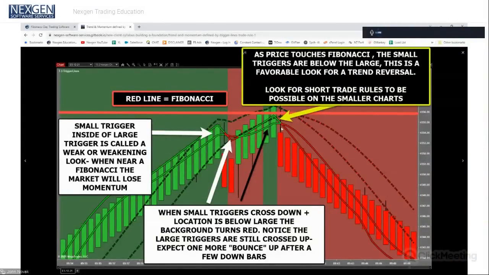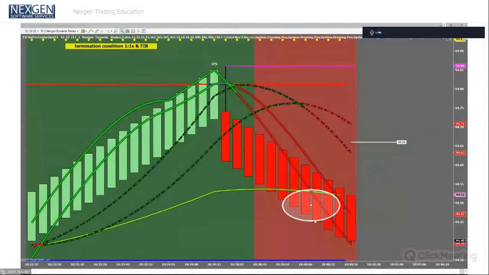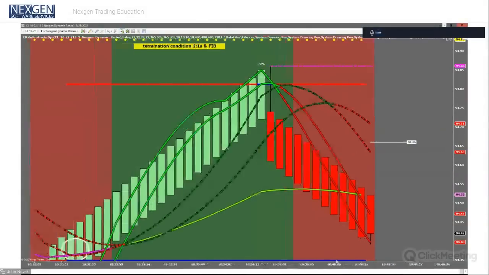And when the triggers are below on the second push, you get a better top or bottom. It doesn't have to happen. They can just hit and go. And if they just hit and go, then you've got to adjust as warranted here.